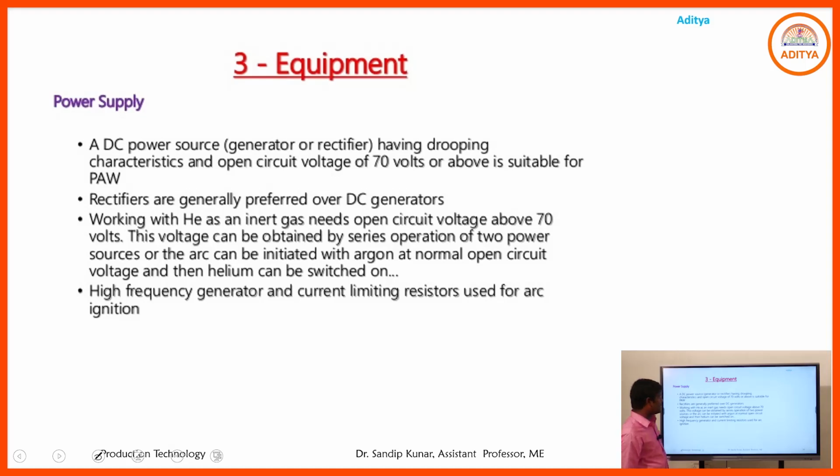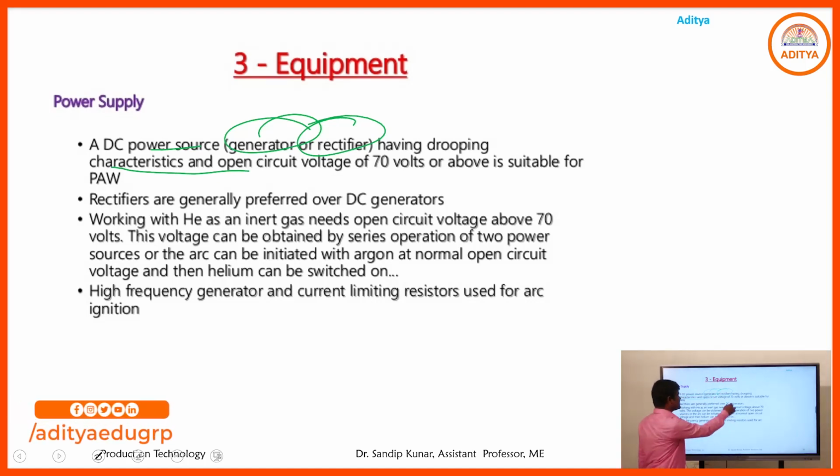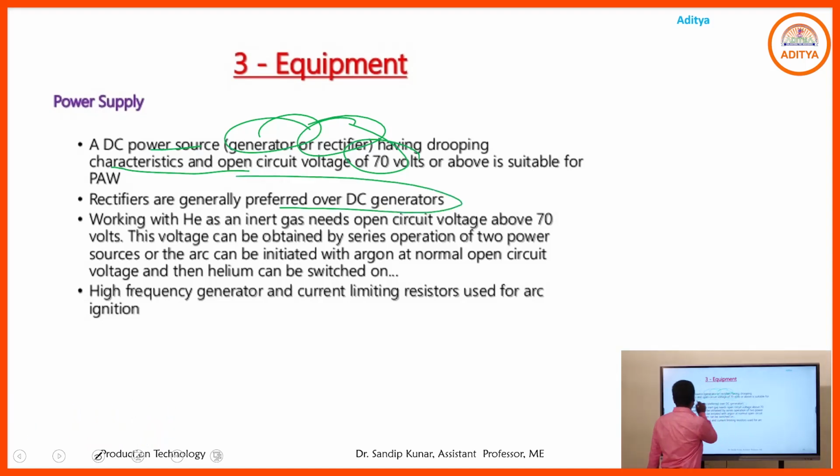What are the equipment? First, the power supply: a DC power source using a generator or rectifier having drooping characteristics, with an open circuit voltage of near about 70 volts. Rectifiers are generally preferred over DC generators. Here we generally use helium as the inert gas.